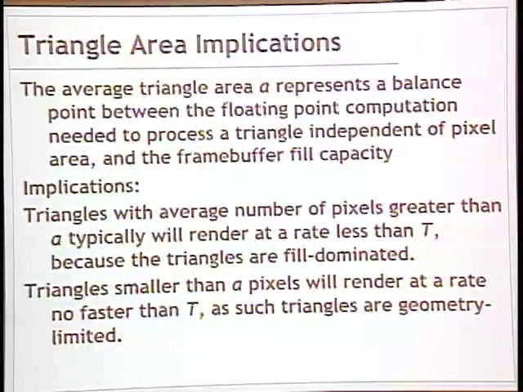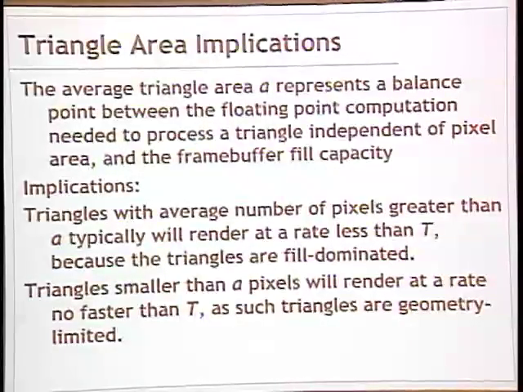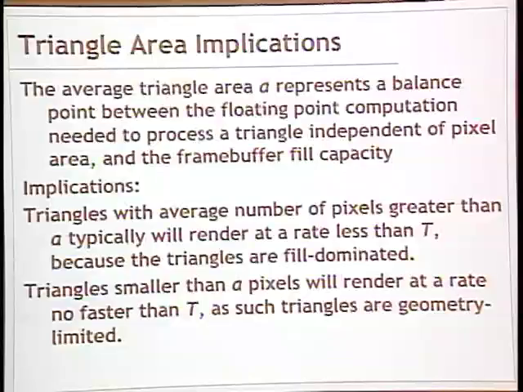Okay? This average area is really important. If you build a graphics processor that looks like the graphics pipeline, so has different pieces of hardware for each stage in the pipeline, then what this triangle area represents is this balance between the vertex part of the pipeline and the rasterization part of the pipeline. So if you decide, I'm going to put a lot more floating point computation in my vertex part, then you have the capability of handling more triangles per fragment.